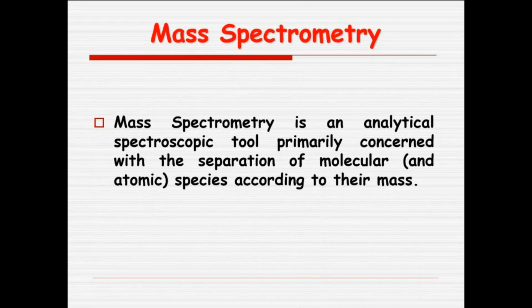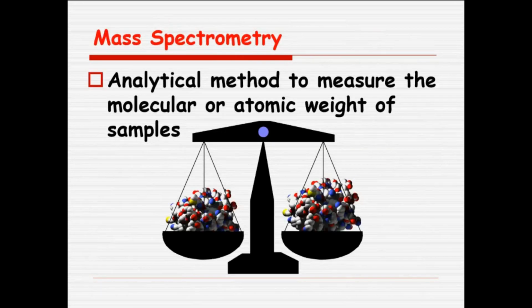We use a fast moving electron to bombard the molecule. Since there is no radiation used, it's just a weighing machine type of technique. So it is spectrometer, mass spectrometry. You should not say spectroscopy. It's a tool which can be used to find the molecular mass, just like a weighing balance. You weigh the molecule. I cannot weigh the molecule in a balance, so I'm just using mass spectrometry to weigh the molecule.